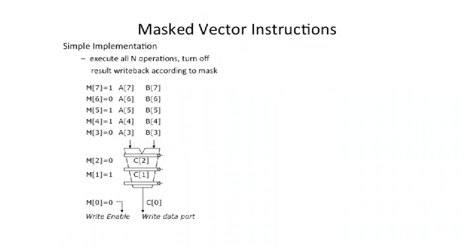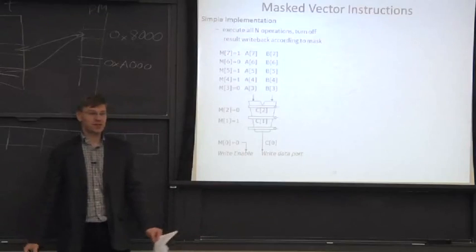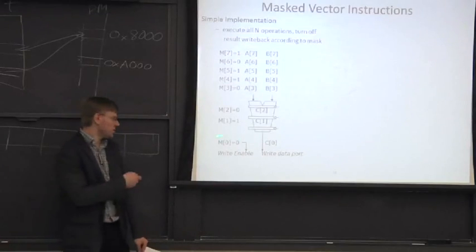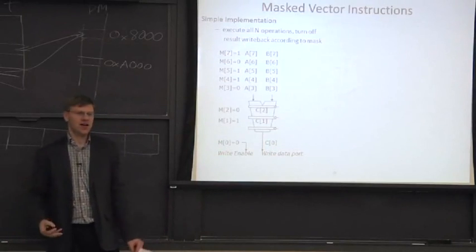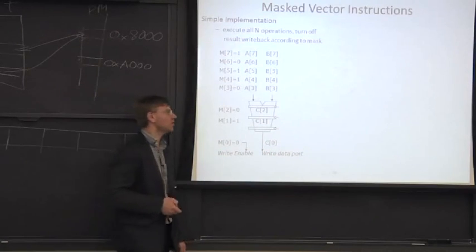And just sort of showing the implementation of this, if we looked at how to actually implement masking, one way to do it is you actually do every operation. So let's say you're doing multiply and your vector length is 64. You do all 64, but you just disable the write to the register file on the ones that have the mask bit turned off.